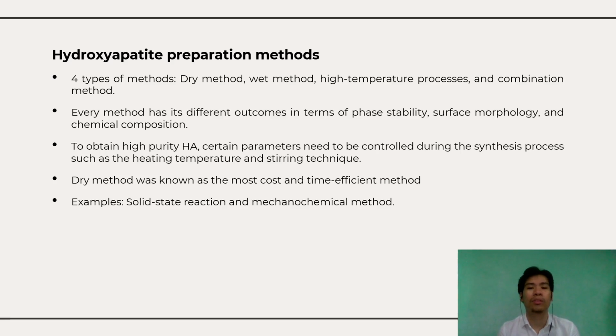The method is known as the most cost and time efficient method because the produced HA is not strongly affected by the processing parameters, and it allows mass production. Examples of dry method are solid state reaction and mechanochemical method.